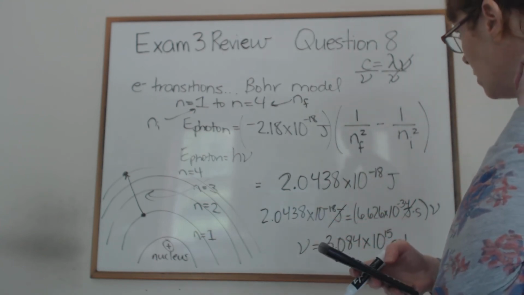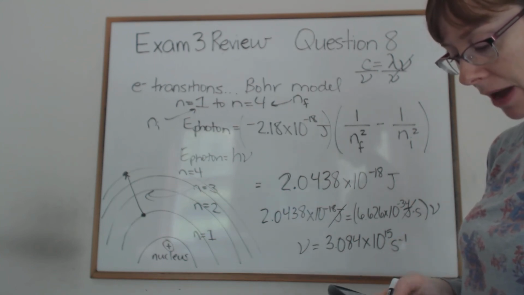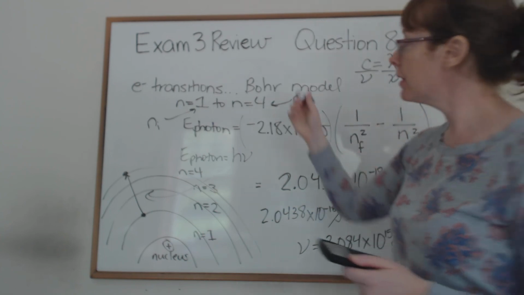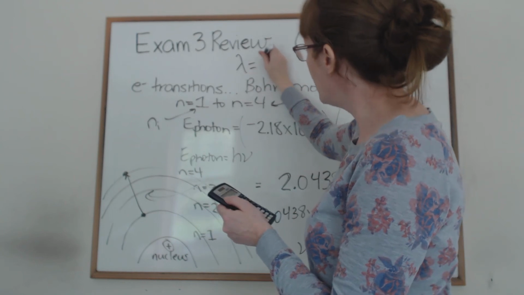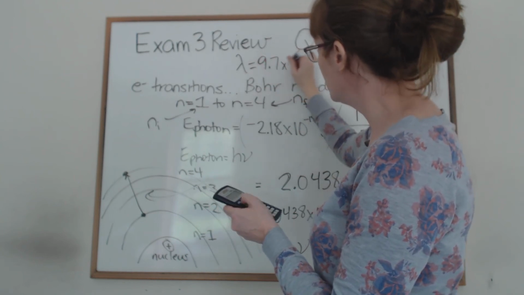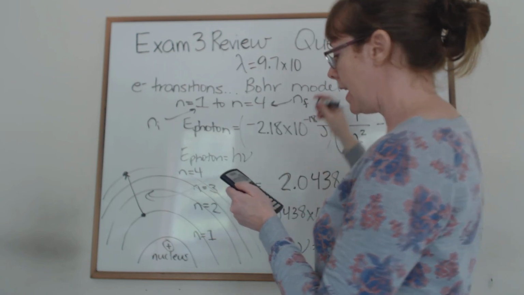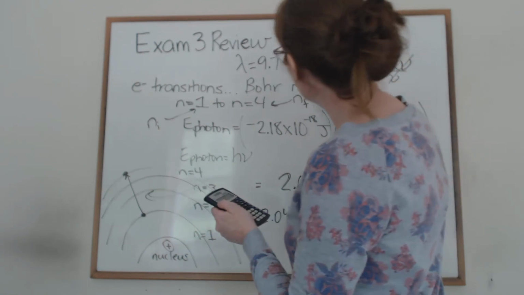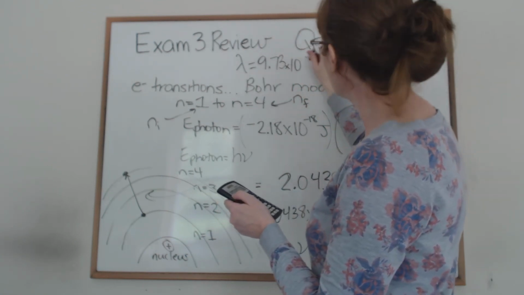Speed of light, 3 times 10 to the 8th, divided by what I have in my calculator for frequency. And for wavelength, I am getting 9.7 times 10 to the negative 8th. It's really 9.7, let me have one more sig fig here: 9.73 times 10 to the negative 8th.